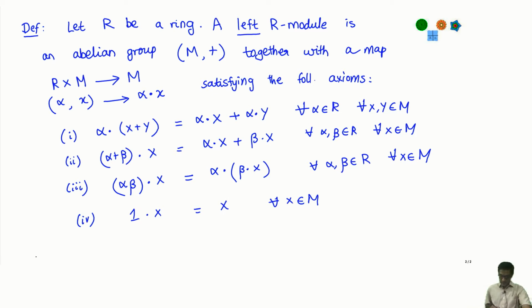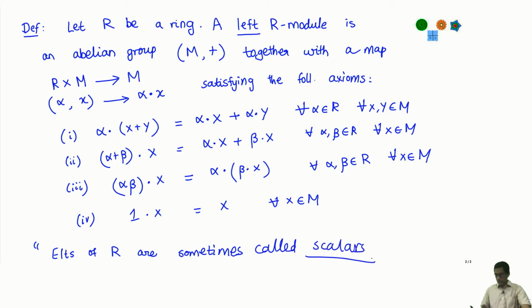Now this set R, the elements of R, is supposed to remind you of something that you must have seen before. Elements of R are sometimes called scalars, and this map from R cross M to M is sometimes called scalar multiplication.